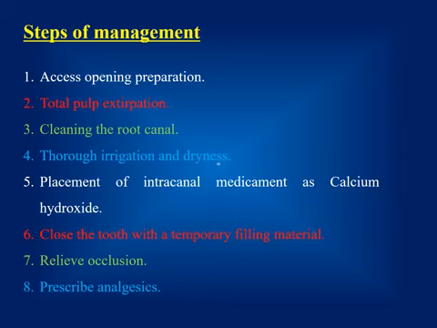The steps of management is, first of all, access opening preparation, removal of the pulp tissue, cleaning the root canal, thorough irrigation and dryness. Here it is very important that we do a good dryness, because bacteria will not live in a dry environment, and it will flourish in a wet environment.